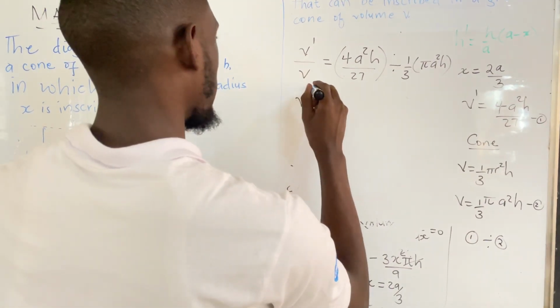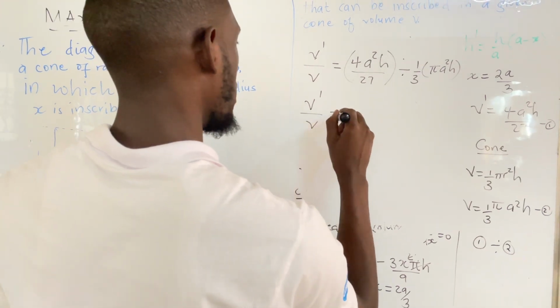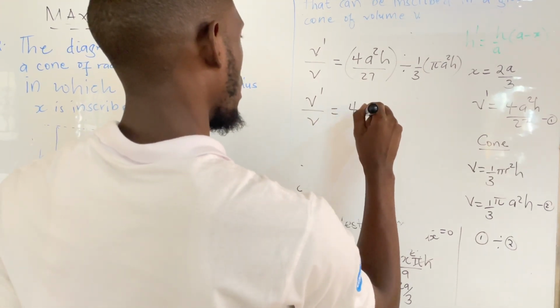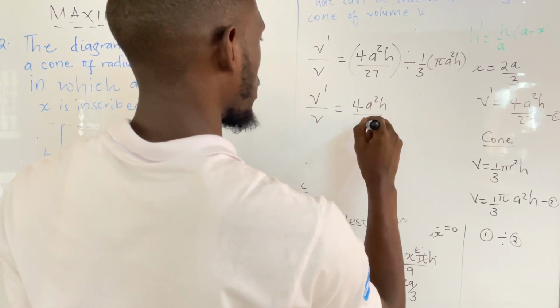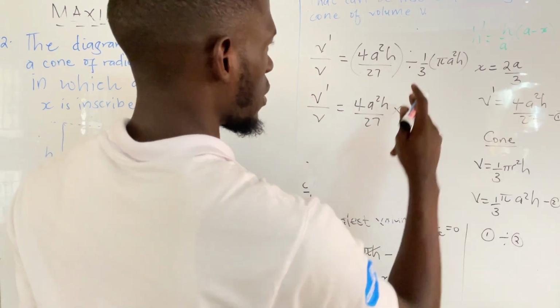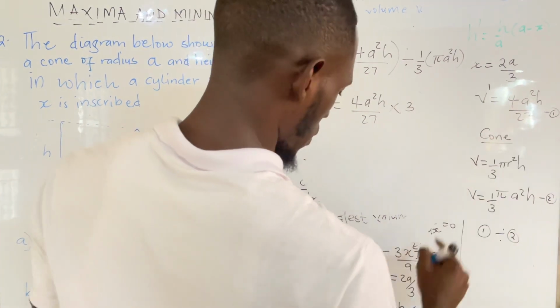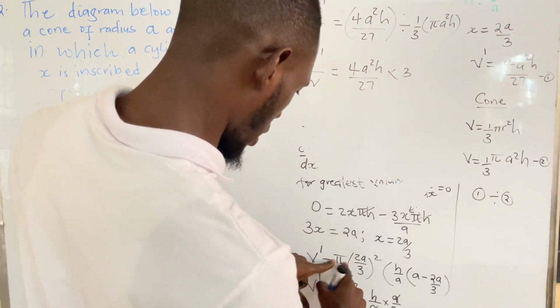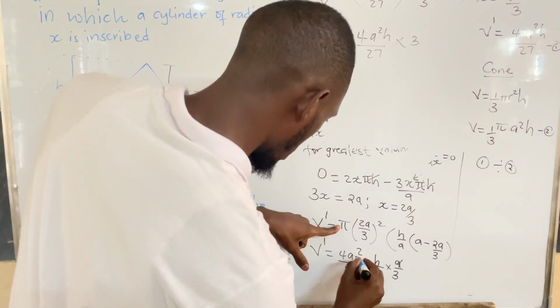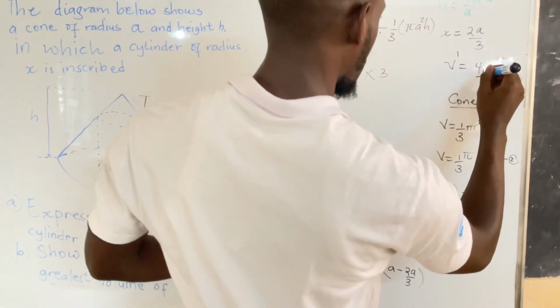So we shall have V prime over V being equal to 4a squared h over 27 times the reciprocal. I think we forgot a pi somewhere. There is this pi we forgot.